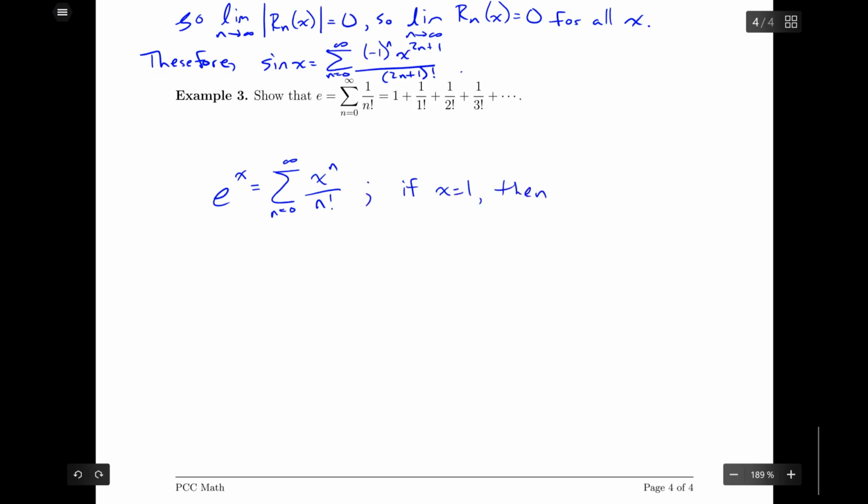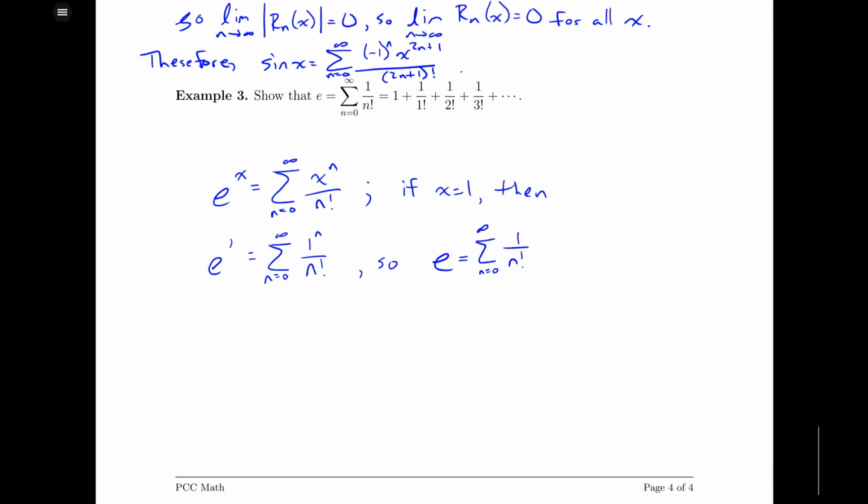If x is equal to 1, then we get e to the 1 is a sum, as n goes from 0 to infinity, of 1 to the power of n over n factorial. Now 1 to the power of n is always just 1, and so we get that e is a sum, as n goes from 0 to infinity, of 1 over n factorial.